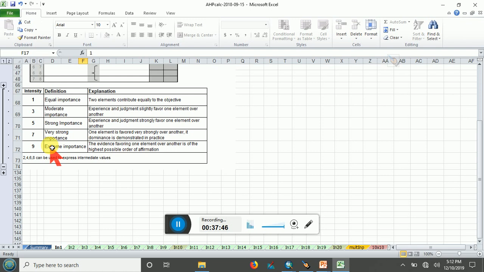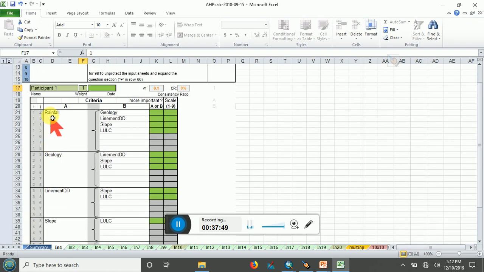Okay, let me compare rainfall and geology, which is more important. Rainfall is in A and geology is in B, so rainfall is A. So how much are you going to give on the scale from 1 to 9? I think geology is also very important.